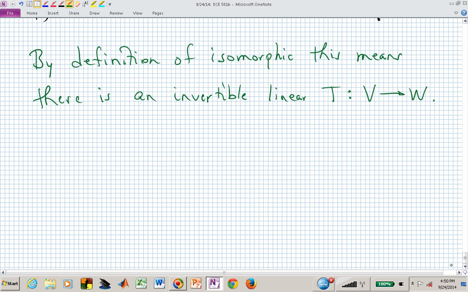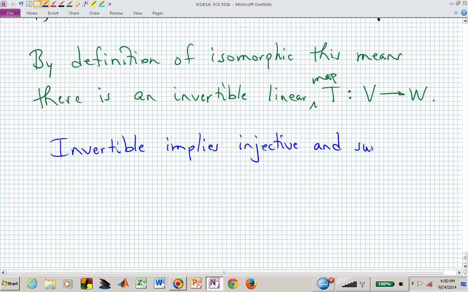But now what do we know about invertible linear maps? It's injective and surjective. So now we can say an invertible map implies injective and surjective.